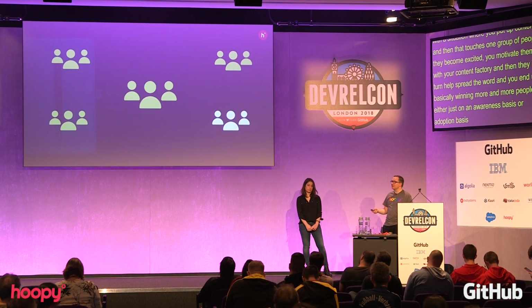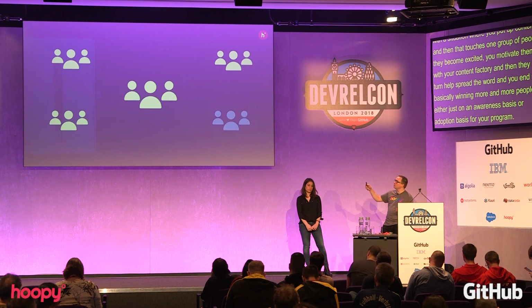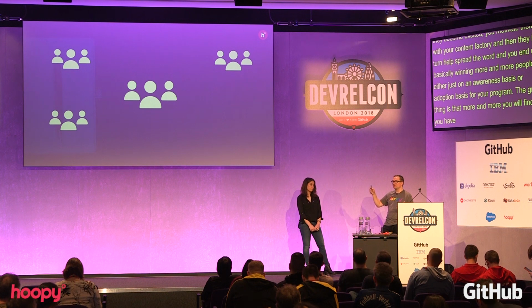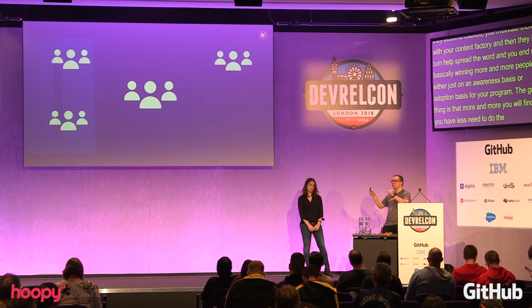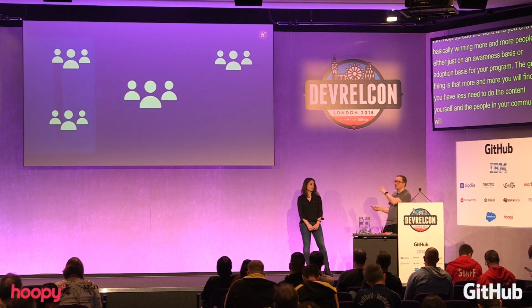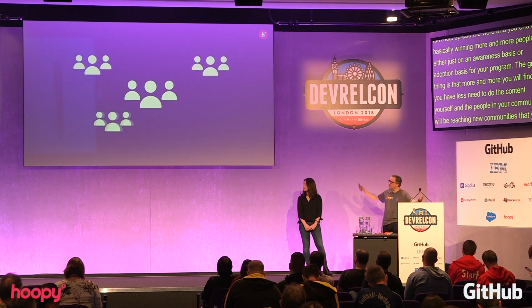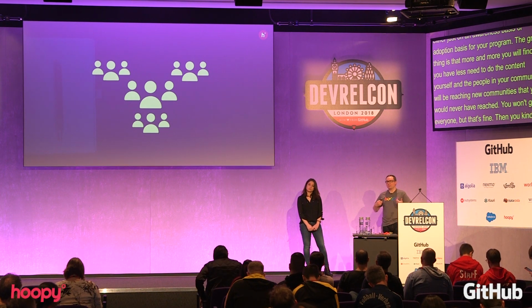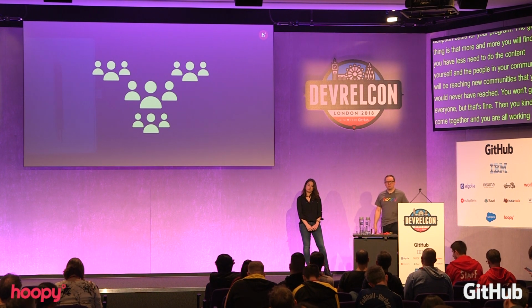And the great thing is that more and more you will find that you have less need to do the content yourselves, and the people in your community will be reaching new communities that you would never have reached. You won't get everyone, but that's fine. And then you come together, and you're all working as this amazing synchronized team, in theory.